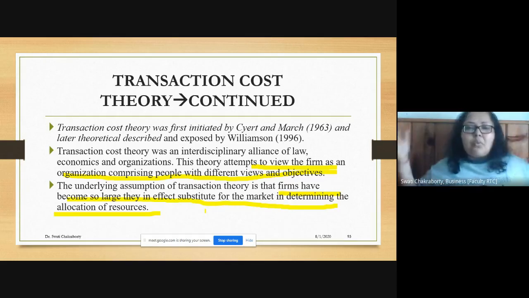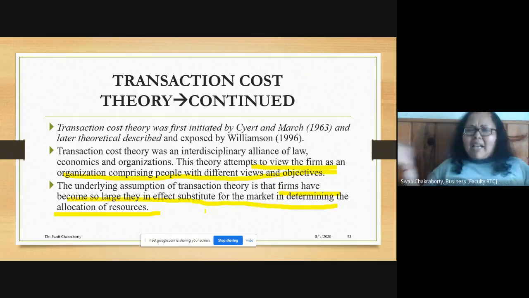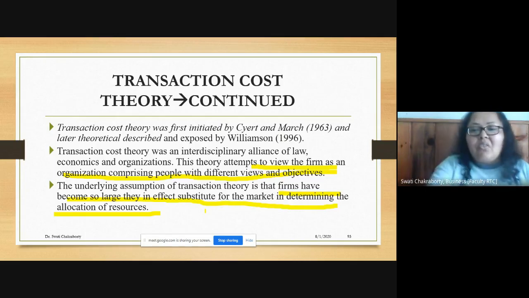These firms, big corporations, are quite large in operation. In reality, they start actually substituting for the market in determining the allocation of resources.